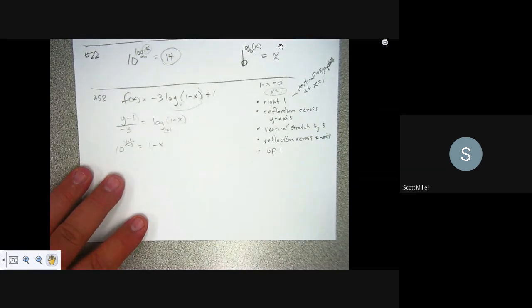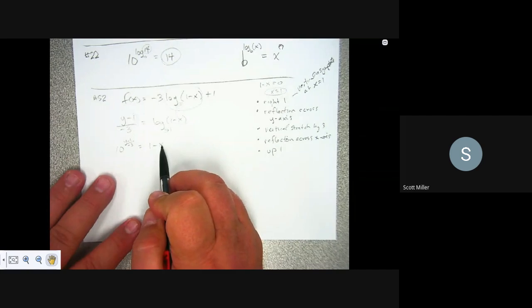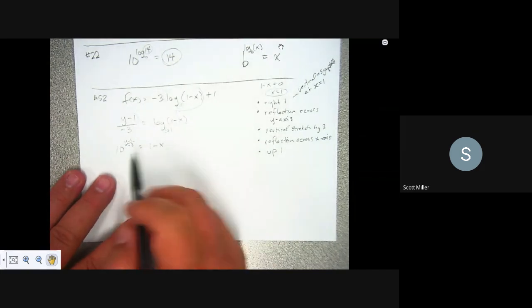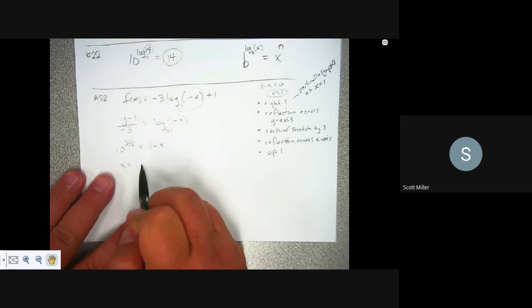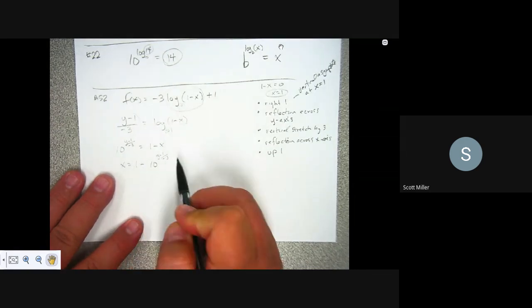We have to solve this for x. So moving things around, I can move this x over here, it becomes positive, move this quantity over here, it becomes negative, and I get x equals 1 minus 10 to the power of y minus 1 over negative 3.